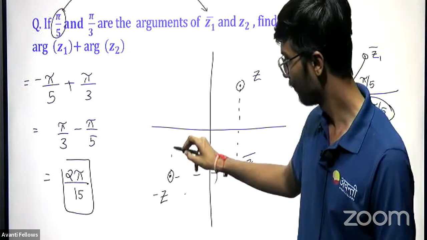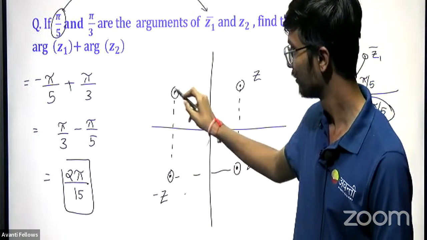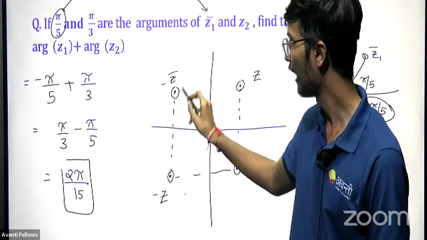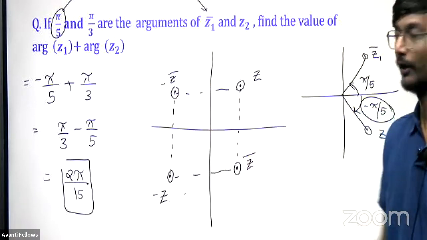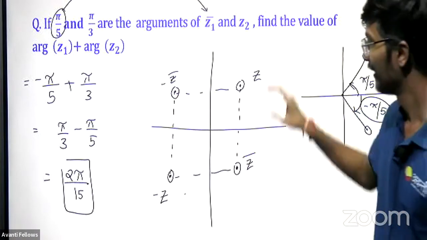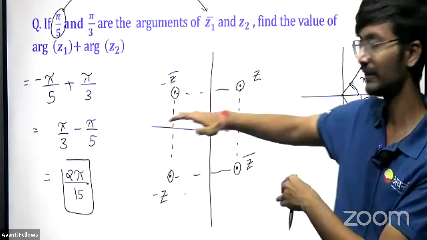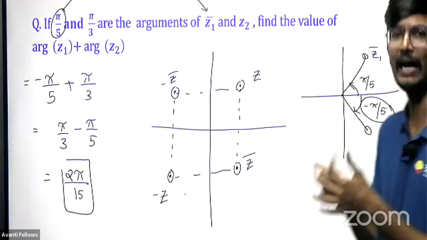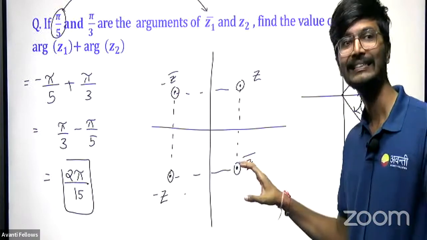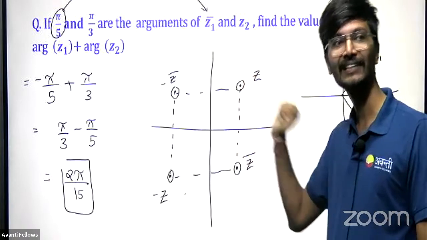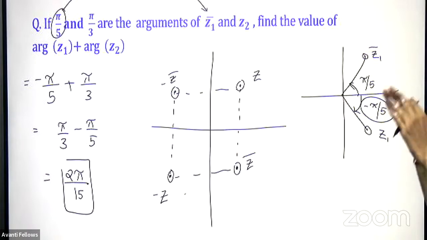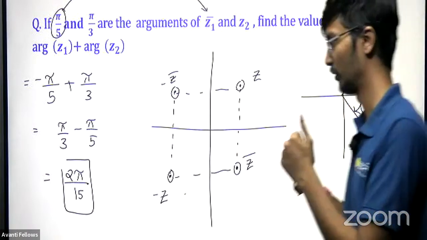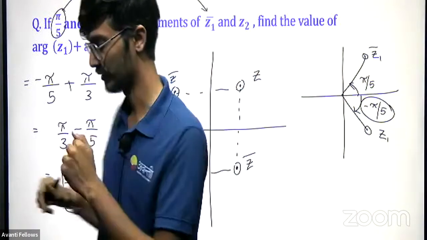And exactly above it, as we can see, it will be minus z bar. So basically this forms a square. Got it? So these are the positions. If z is here, z bar will be the reflection in the x-axis. And the same reverse: if z bar is here, then z will be the reflection in the x-axis. So that is what we used here. I hope you got it. Clear? Let's move on to the next question.